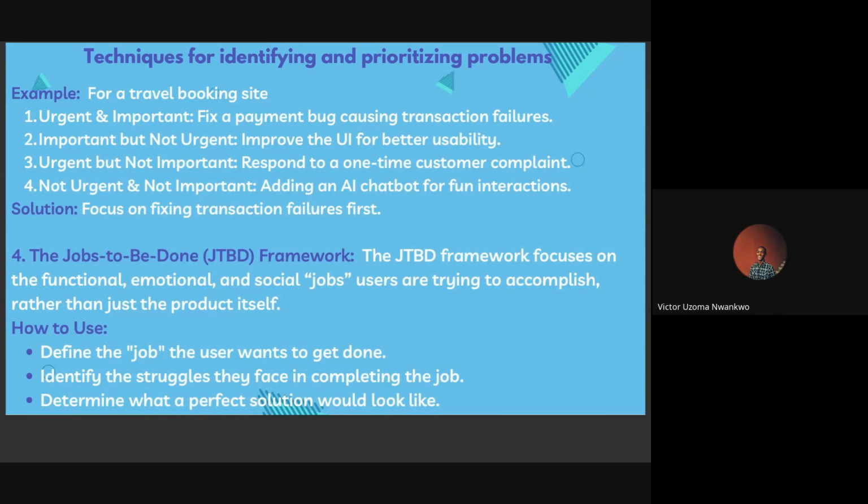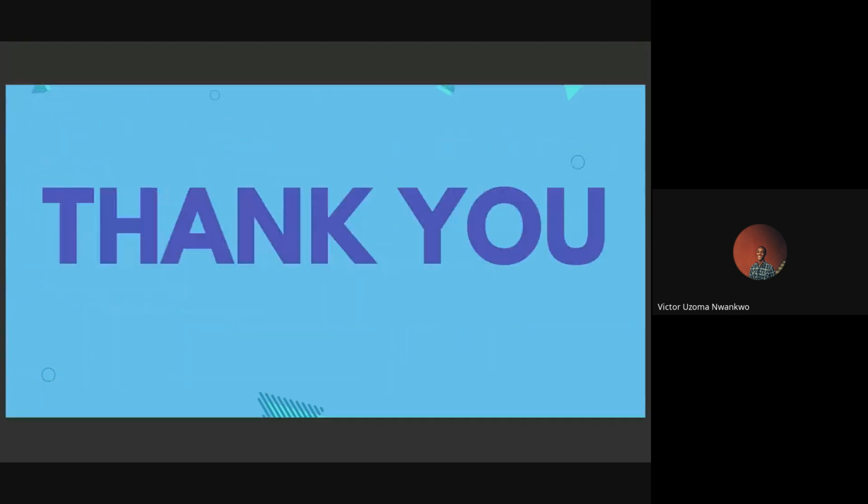So, for example, if we are conducting research on a problem, we already have a problem. Let's assume we have a problem, like the assignment now. We want to conduct research on why students struggle with a particular problem.